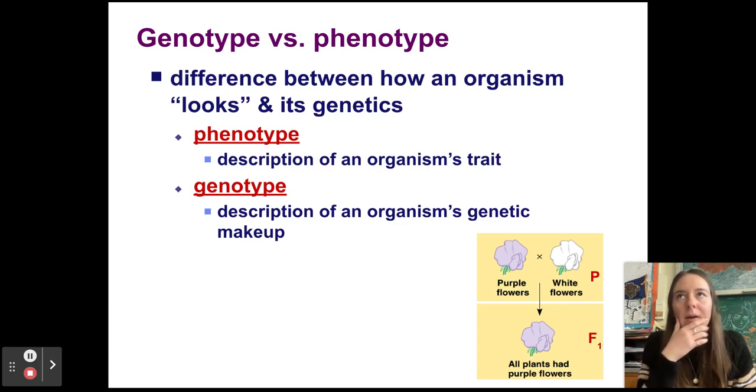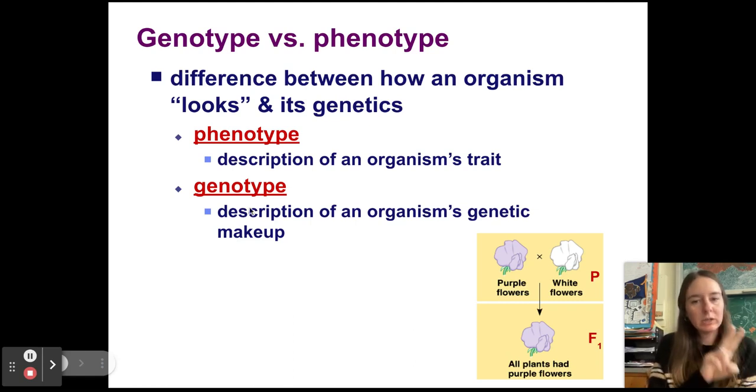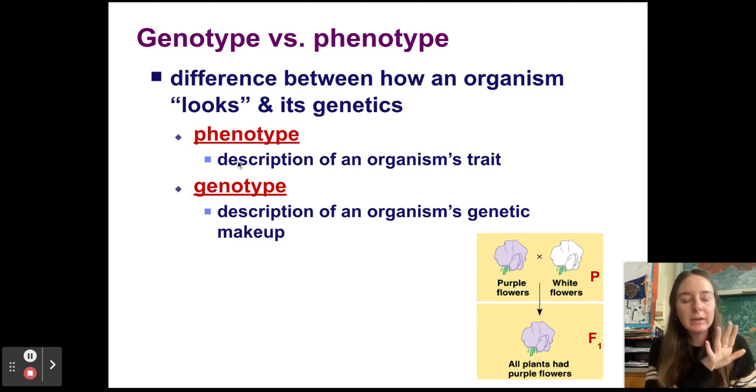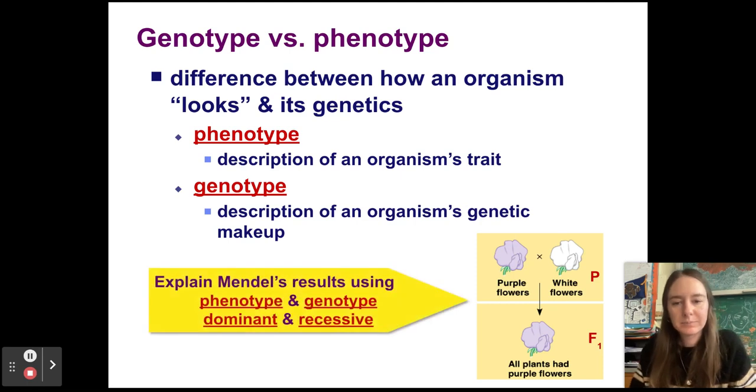So a phenotype would be flower color, right? That's what you can observe with your eyes. A genotype would be describing the organism's genetic makeup. In this case, we're talking about what the alleles are on each homologous chromosome for one gene. That's a genotype. So think genotype, think literally what the DNA looks like, what the alleles are. Phenotype is describing what an organism looks like.